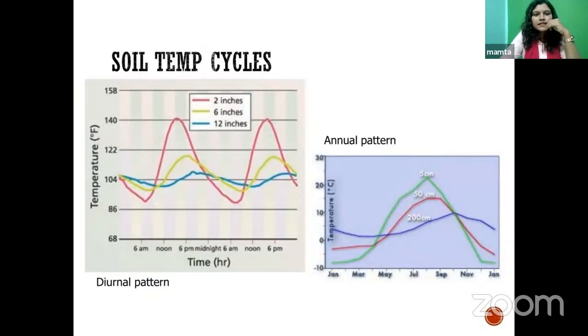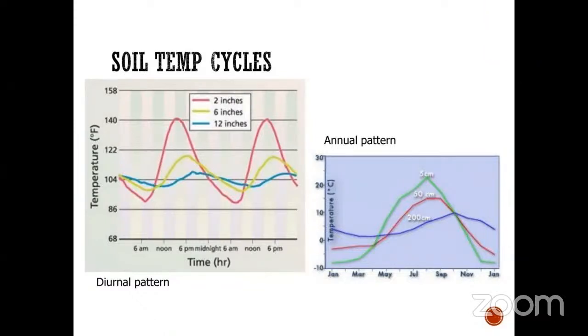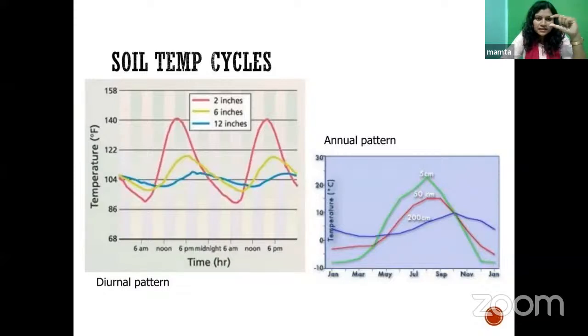See here, it is important: soil temperature cycles. You will see there are different depths. At different depths, what is the effect on soil temperature? At the surface, the 2 inches of soil, there is a large variation. The minimum temperature is also low and the maximum temperature is also high in comparison to the other two.